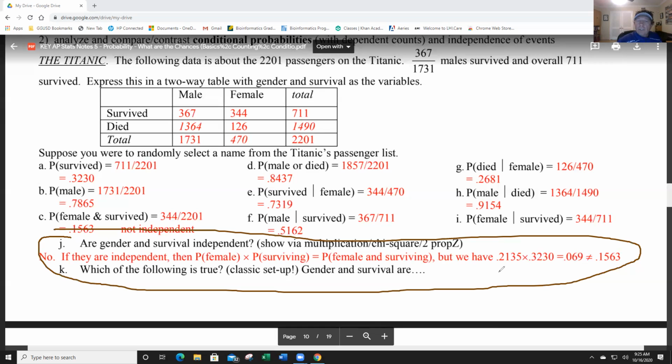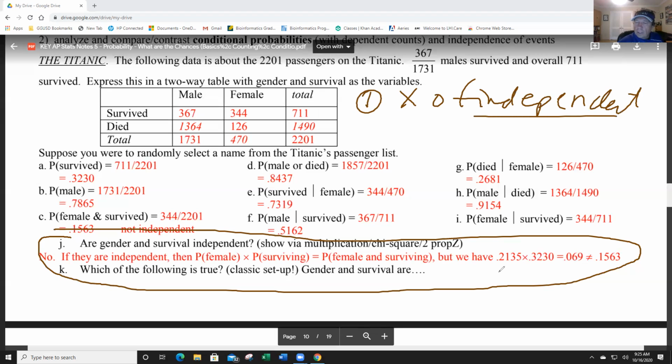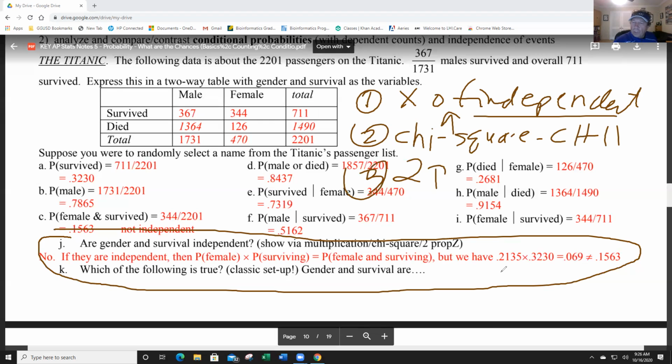So the 3 ways to answer this question are: 1, looking at the product of independent events. 2, you can do a chi-square test. A chi-square test, I believe, is chapter 11. I won't touch it here. And 3, you could do a 2 proportion test, 2 prop Z test. I'm going to touch on that today, but that's in a later chapter as well. I forget which chapter. Okay.